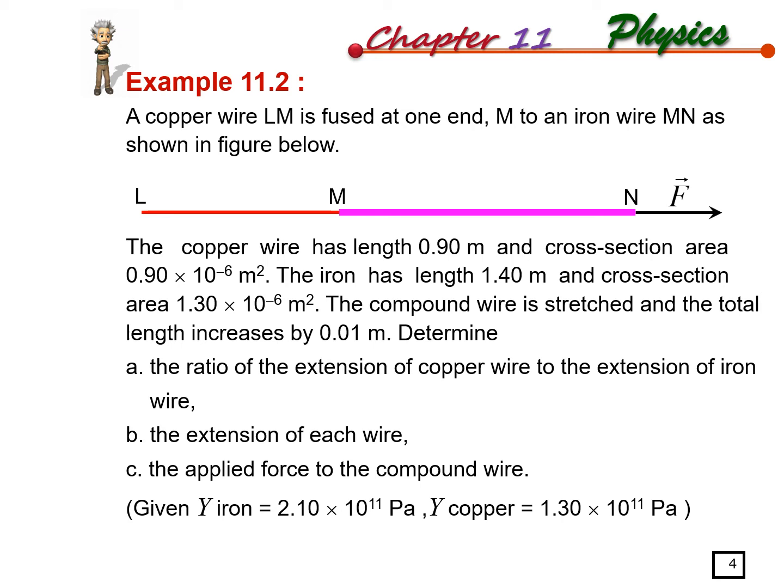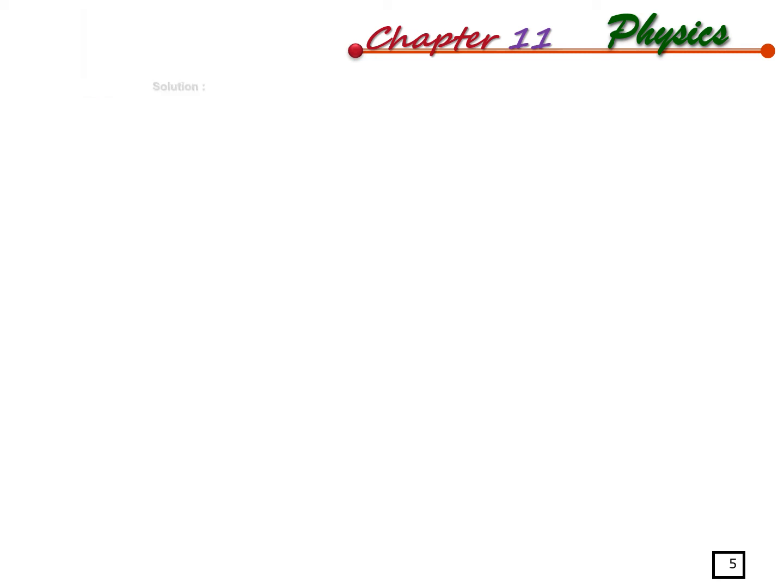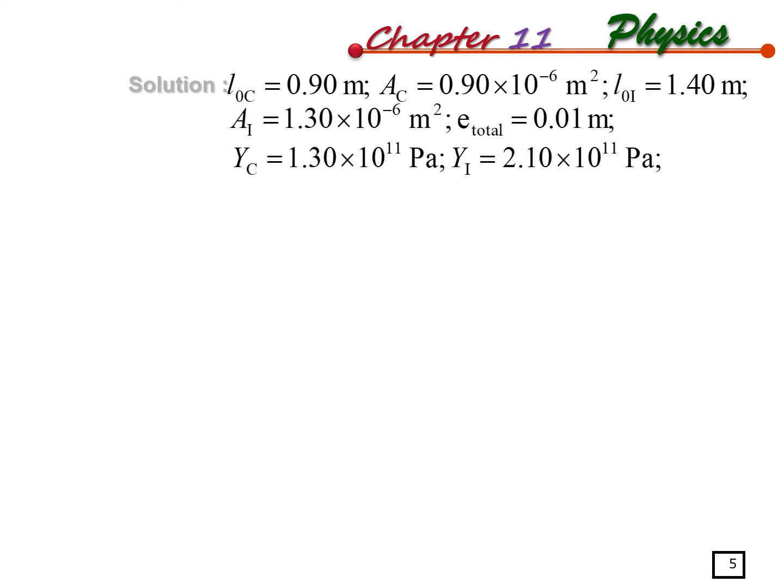Okay, so Young modulus for iron is given, and also for copper. So the given information: initial length of copper, so we use subscript C, and I. So C represents copper, I represents iron.